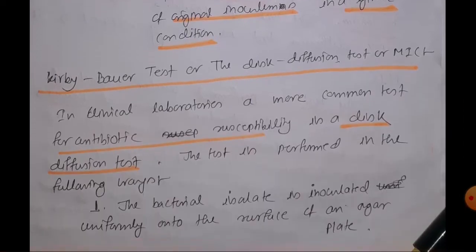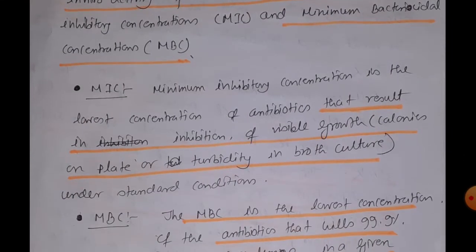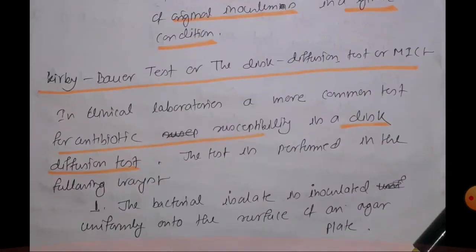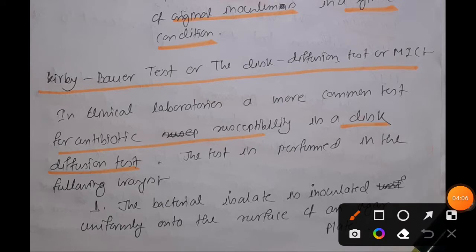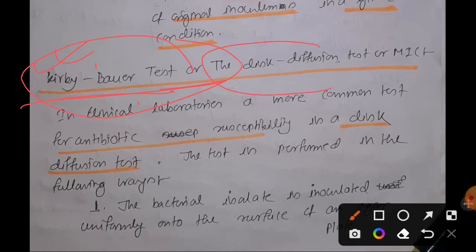Now we will discuss how we perform MIC and MBC, and I am also going to show an experiment result that I performed in my college along with my friends. First of all, the MIC is measured in an experiment called the Kirby-Bauer test or disc diffusion test.